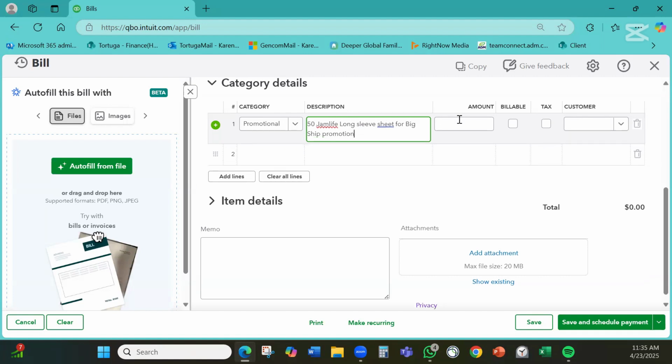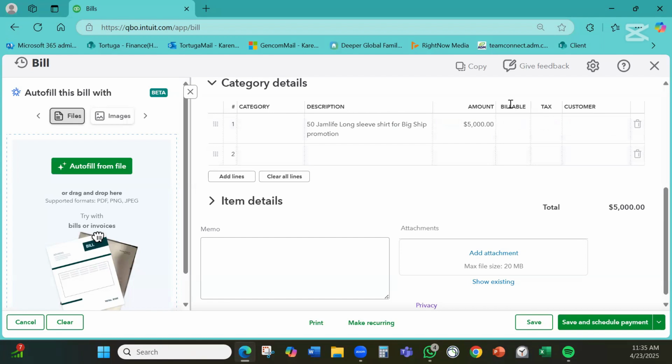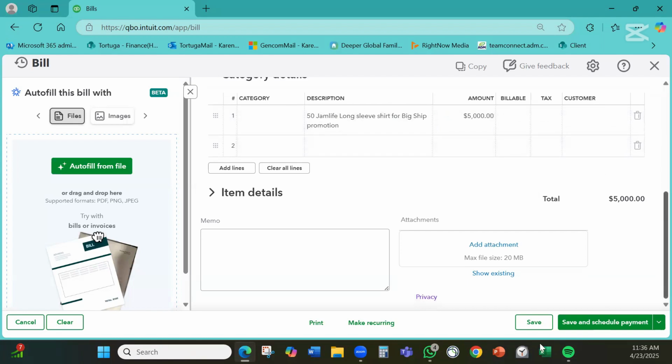And you write a description in there because it will help you in the long run when you go back and you want to say, okay, what was this again? So you have the big ship promotion and 50 Jam Life long sleeve shirts, and you paid, let us say, $5,000 for them. All right, and that is it. And you save it.